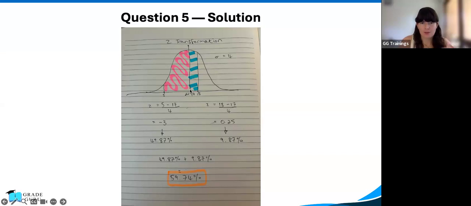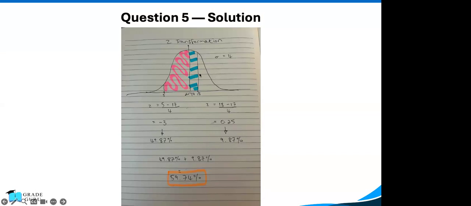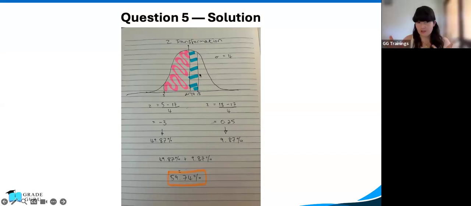If they are asking about the area between 5 and 18, the only reason you split the areas up is because of the way the z table works. You can only ever choose the area between mean and z, right? So you just have to do it in two parts. But you see that it's logical, they want the total area and it's right next to each other, so you just add them together.